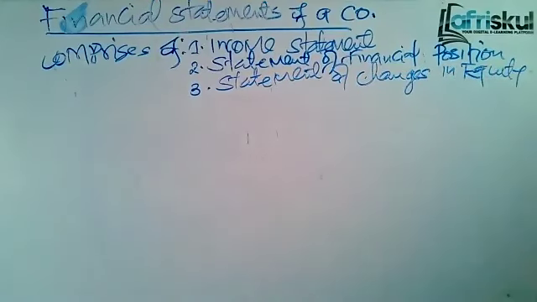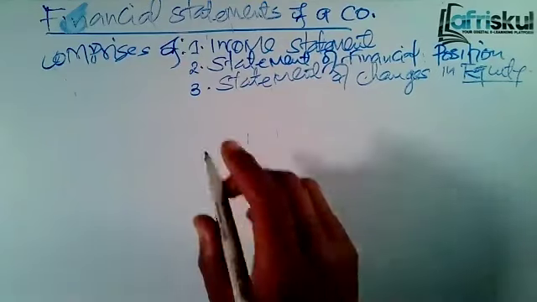When I talk about equity, we need to understand that equity are all those items like the ordinary shares, the share premium, and all other reserves. So basically you are preparing the statement to show the balances for all the equity items.